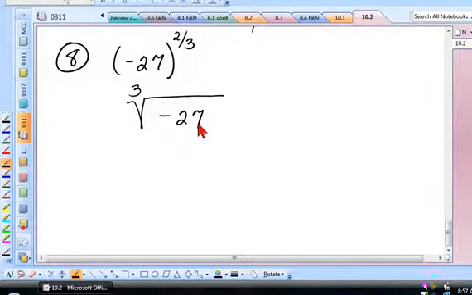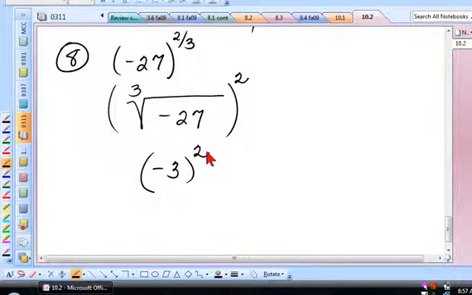I want to take the cube root first, and then what power will I raise it to? Second. So, what's the cube root of negative 27? Negative 3. It's in parentheses. Now square it. 9. Because it is a negative base being squared, it is going to turn into a positive 9.